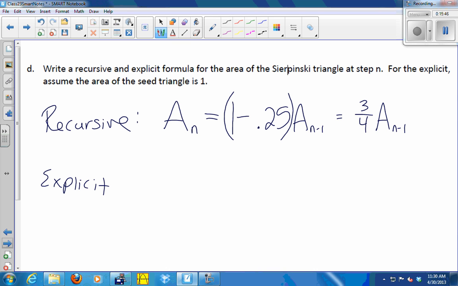And for explicit, they told me I can assume the area of the seed triangle was 1. So how would I write a formula for an area that I start with 1, and I just keep taking 3/4 of it?